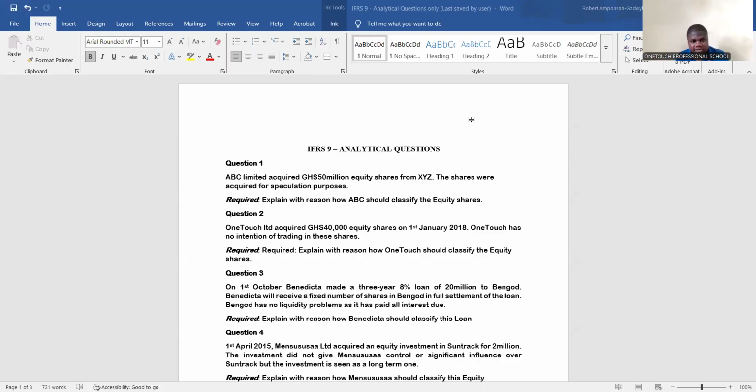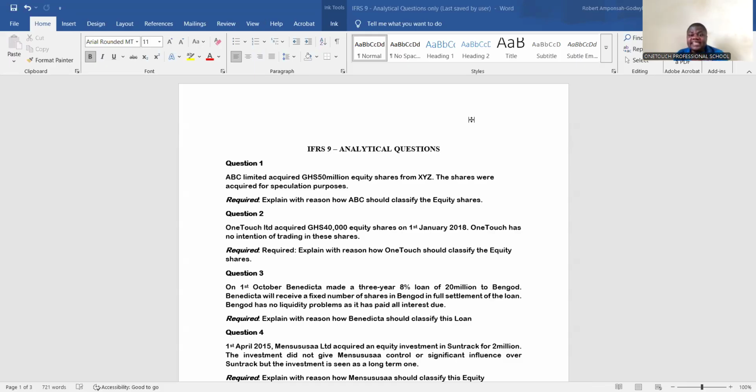So you state that the equity shares would normally be treated as fair value through what? Through profit or loss. You state it that way. Then you come and state that since it is not held for what?